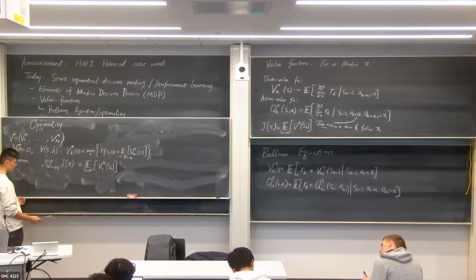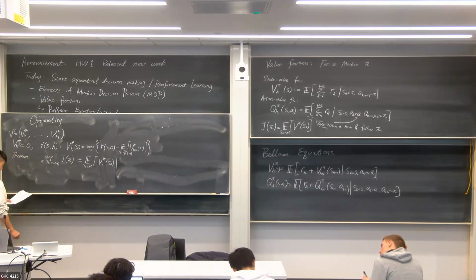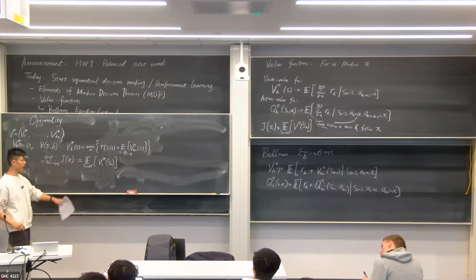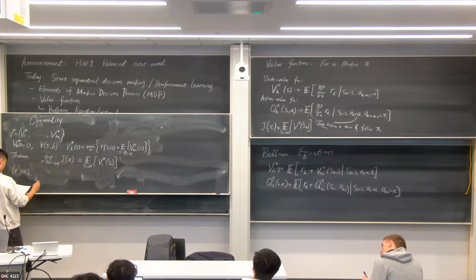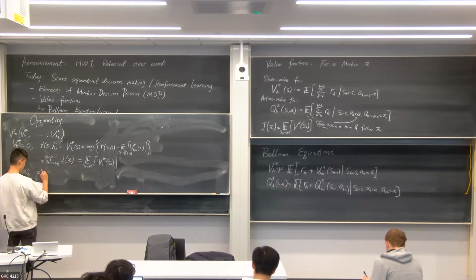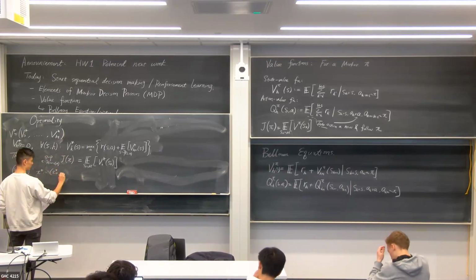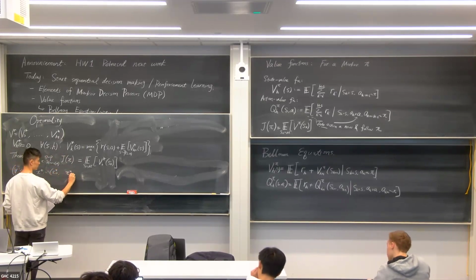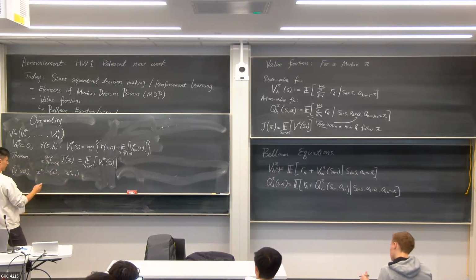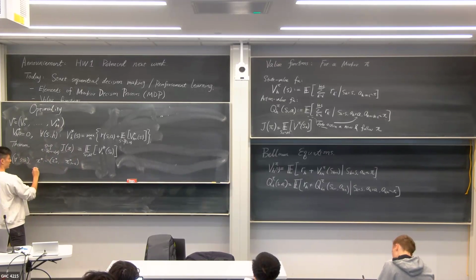Okay. And obviously, once you have this V star value, you can define a policy that's just being greedy about this. At every time step, you just make the greedy choice.